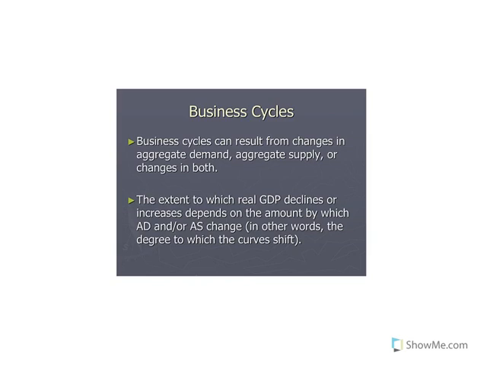So the business cycle can result from either changes in aggregate demand, changes in aggregate supply, or changes in both. And then, of course, how severe the business cycle is, in other words, how long the economy grows or expands, or how long the economy contracts, or how severe the recession is, obviously depends on how far those curves are shifting.